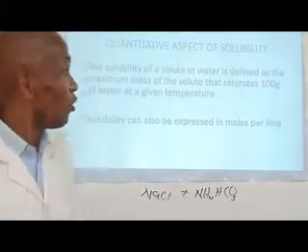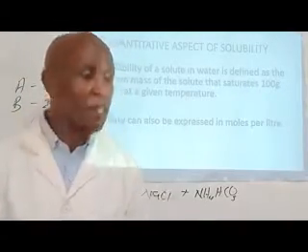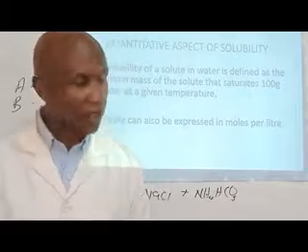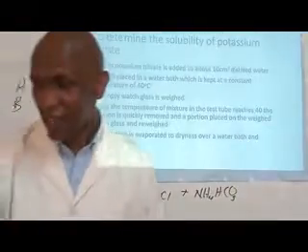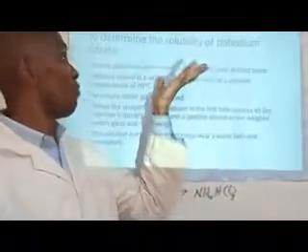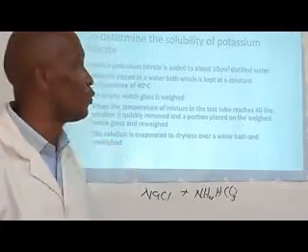Let us go on to perform a very simple experiment to determine the solubility of potassium nitrate at a given temperature. And this is going to be our procedure. We are going to take about 10 cubic centimeters of distilled water.